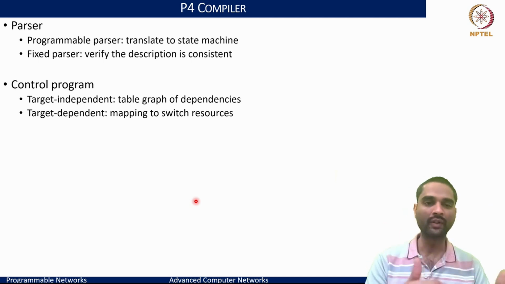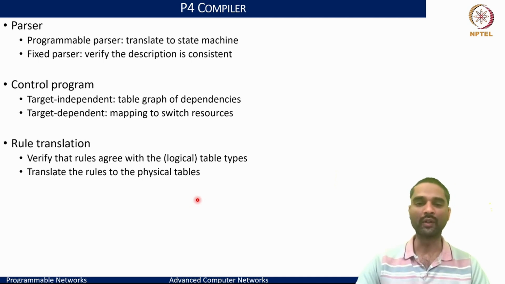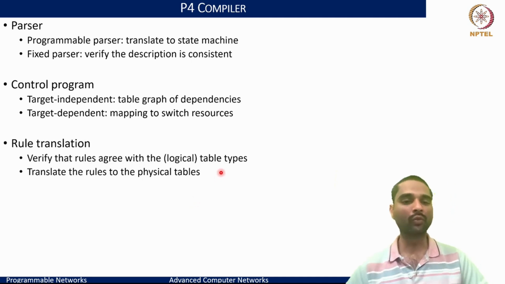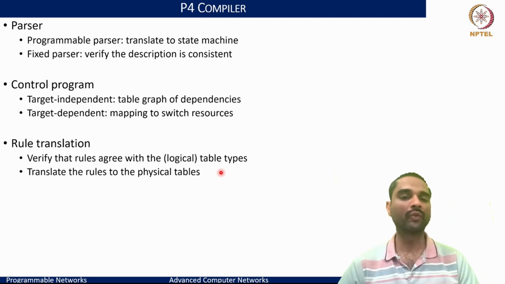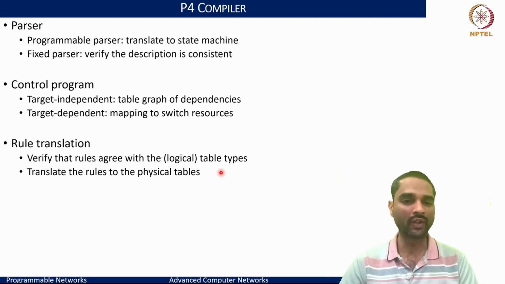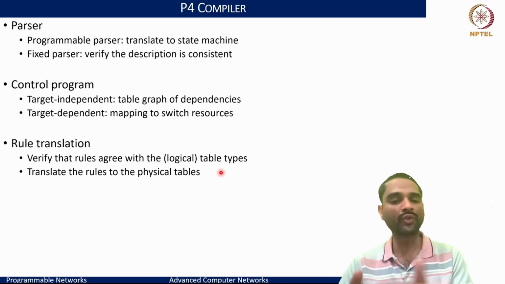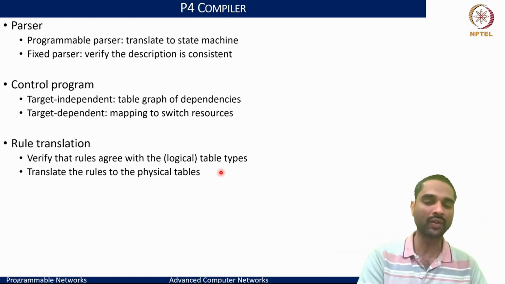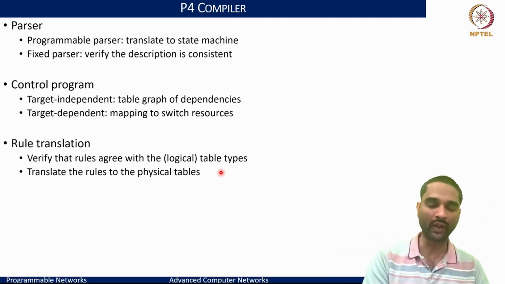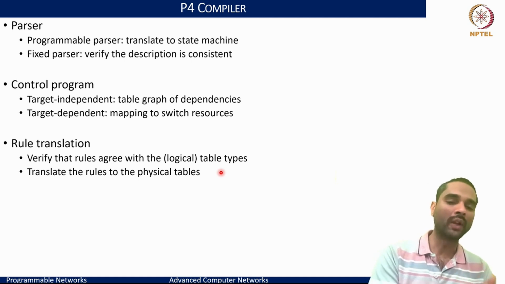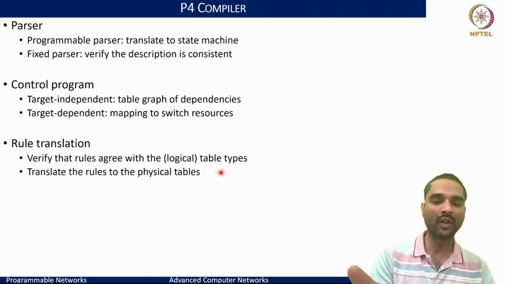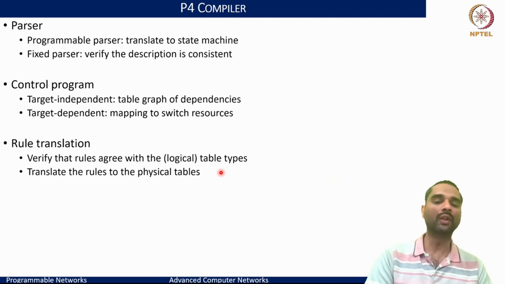That's where the target independence and target dependence aspects come in. The last part is the rule translation, which sets up the rules that we want to verify, agree with the logical tables, and translate those rules into the physical tables and entries. And like I said, a physical table can be mapped to multiple logical tables, or multiple physical tables can be mapped to a single logical table.